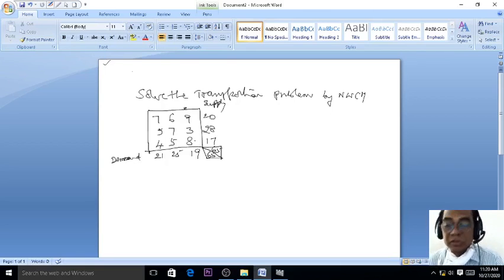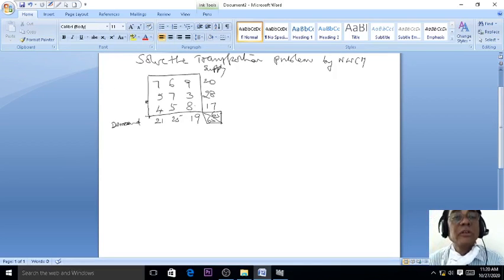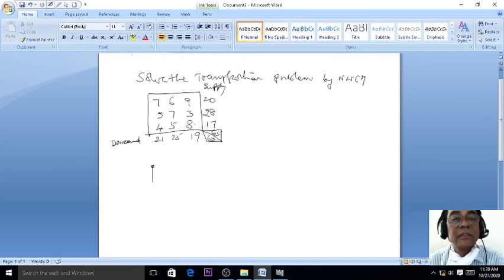Now, how to solve the problem? First, designing the table is very important. You take 3 rows and 3 columns.